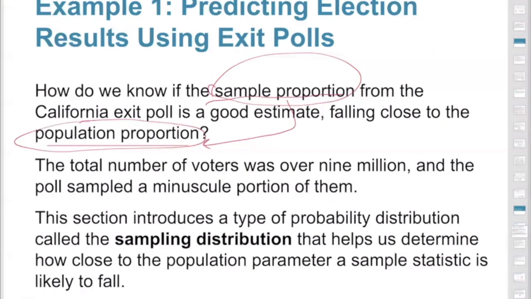The total number of voters was over 9 million. This is the population size. Of course, to know the sample proportion, you need a sample from the 9 million. We will see this sample after a while.